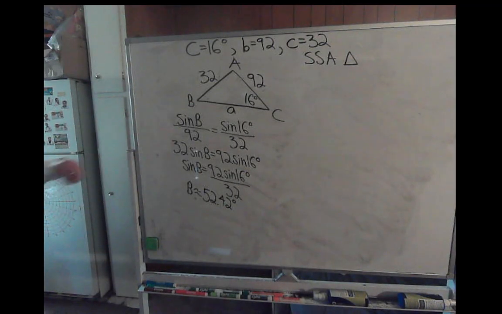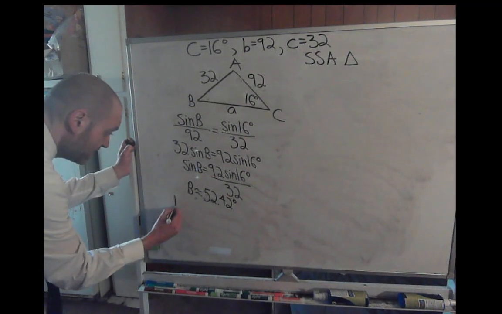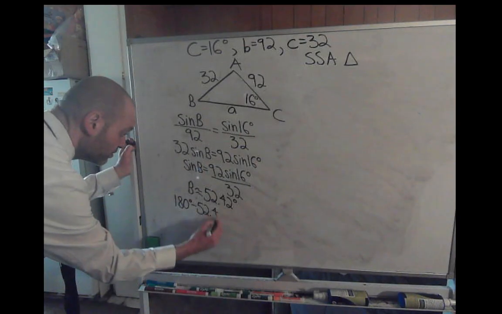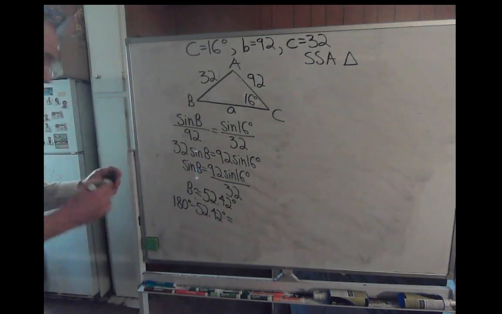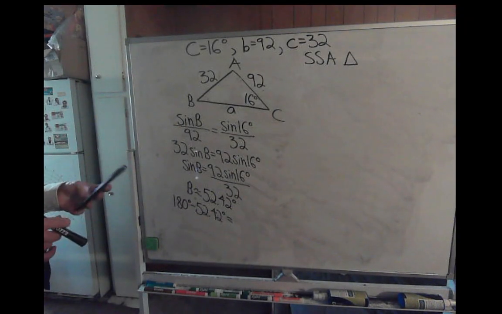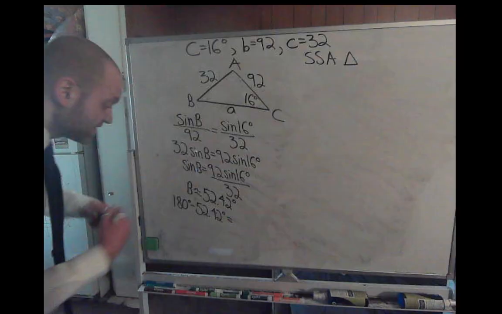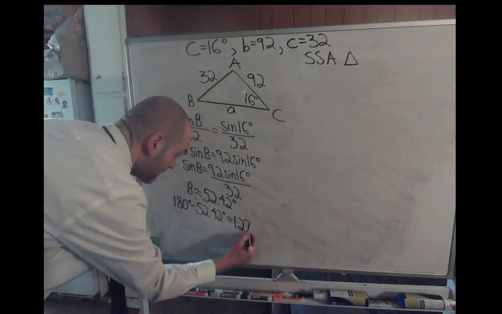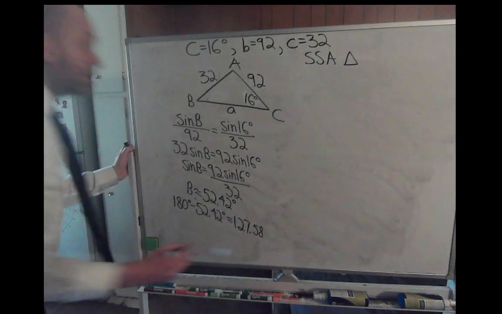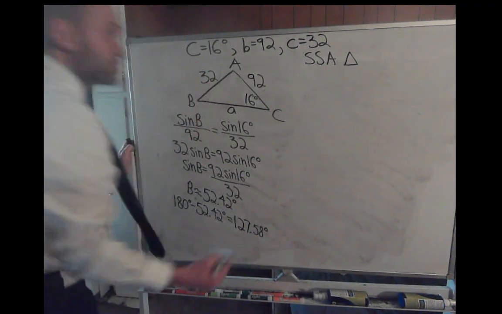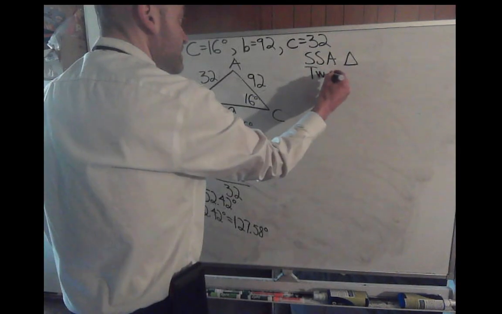Is there a second triangle? That's what we have to establish. So let's take 180 degrees minus that 52.42. Let's see what we get. You get 127.58. And then 127.58 and 16 are also well under 180. So we actually have two triangles in this case.